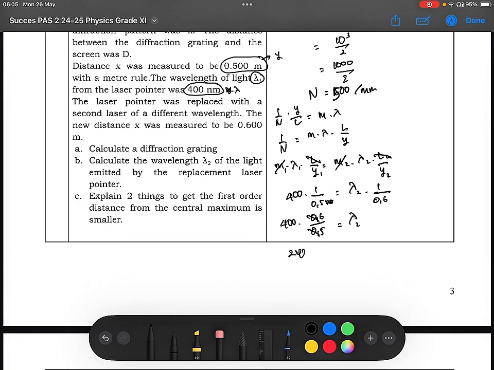Five is 24, 18 nanometer. Yeah, this one. Okay, let's see. Explain two things to get the first order distance from the sum is smaller.